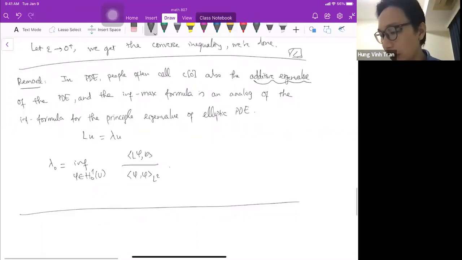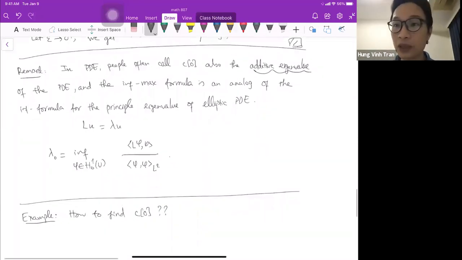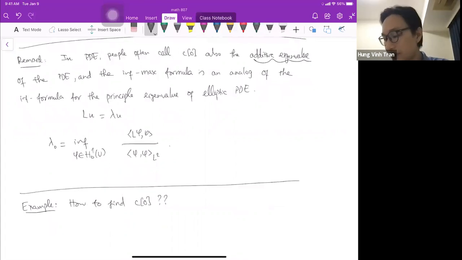Okay, I don't want to go too far at this moment because that would be a little bit distracting. So I want to give you an example about how to find c naught, right? In one clear example, and you can see it from there.